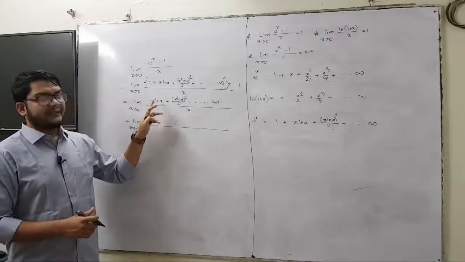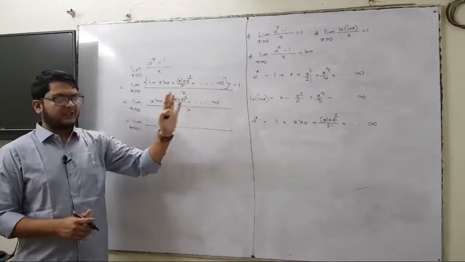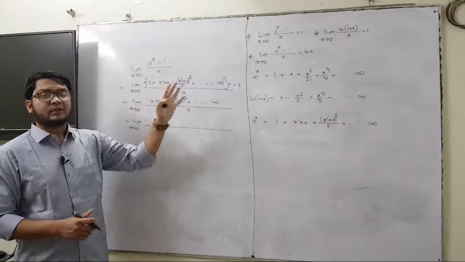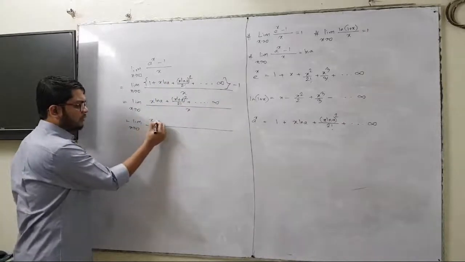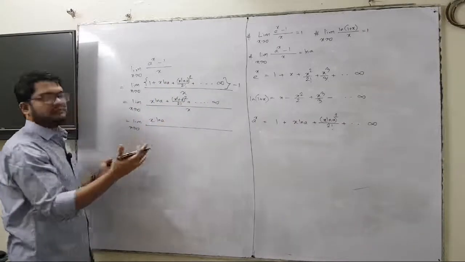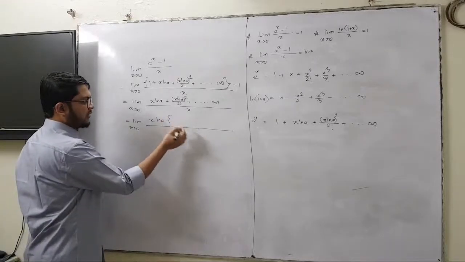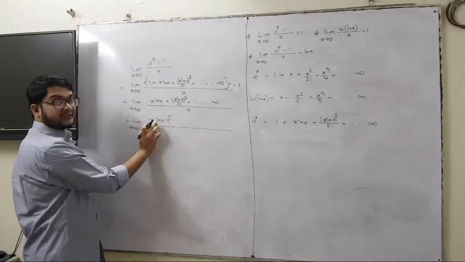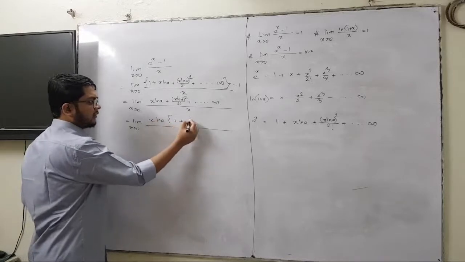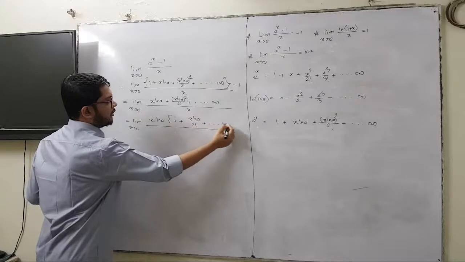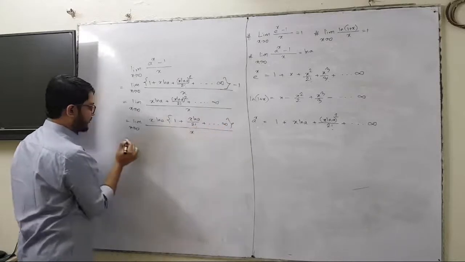Also, ln a is present in the upcoming terms. So either you can take x as common or you take x ln a as common. We take x ln a as common, or we can take only x common, no problem. What will remain here: we divide x ln a with x ln a, so you have 1, then x ln a divided by 2 factorial, all the way to infinity, divided by x.